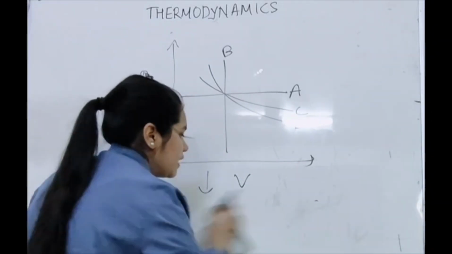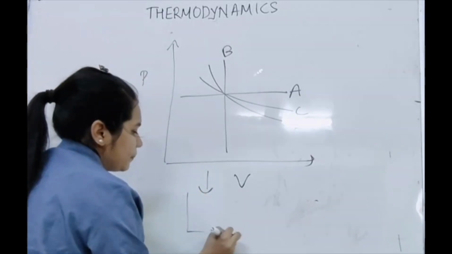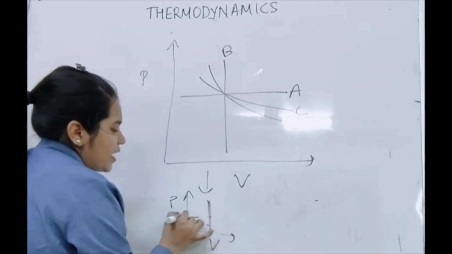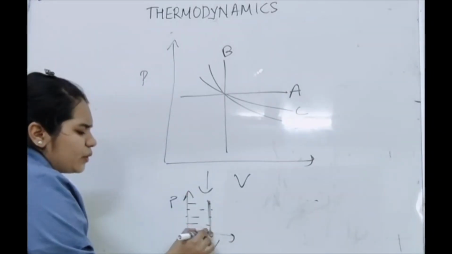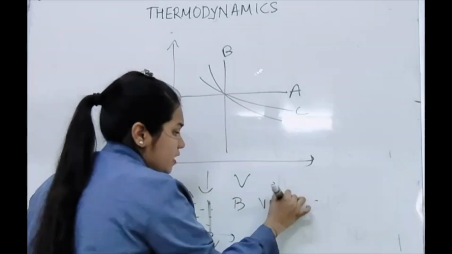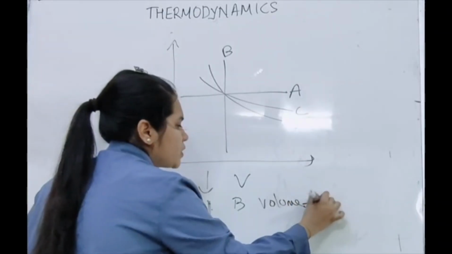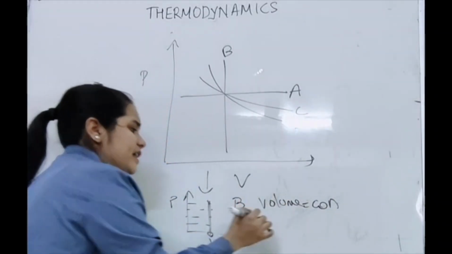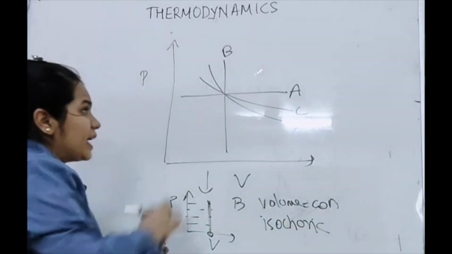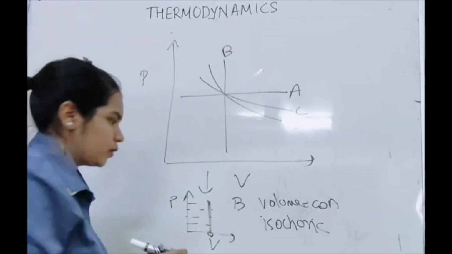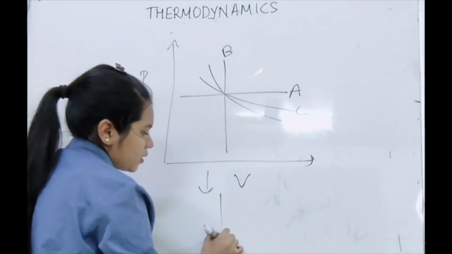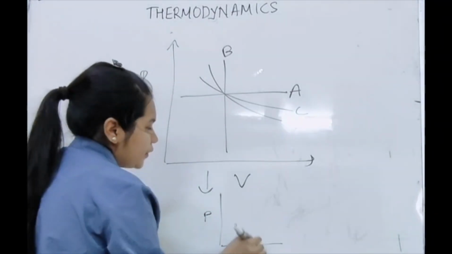Next, let's go for B. There's one value of volume, that means volume is constant. So B will be isochoric. Okay, A is isobaric, B is isochoric. Now the conclusion comes with C and D.